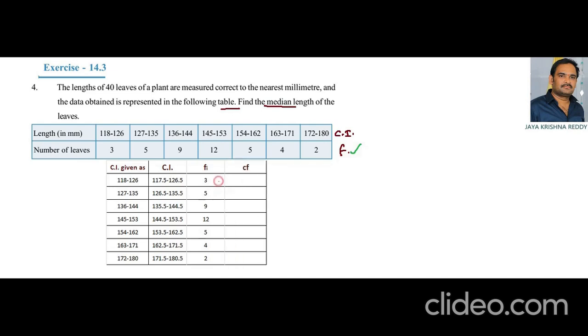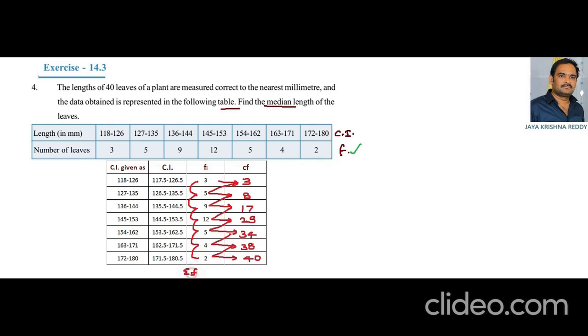For the CF column, first we write the frequency 3 as it is for the first row, and afterwards add 3 to the frequency of the next class, 5. 3 plus 5 is 8, 8 plus 9 is 17, 17 plus 12 is 29, 29 plus 5 is 34, 34 plus 4 is 38, and 38 plus 2 is 40.